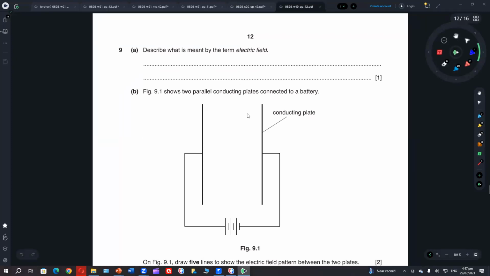Describe what is meant by the term electric field. So we have just defined it. What is electric field? It is a region in space in which... Hamad, can you please read the question?